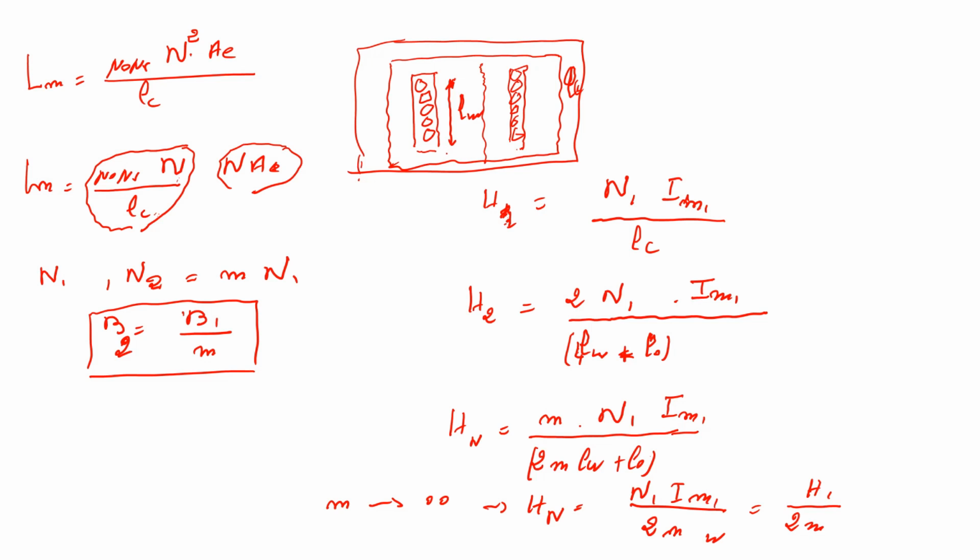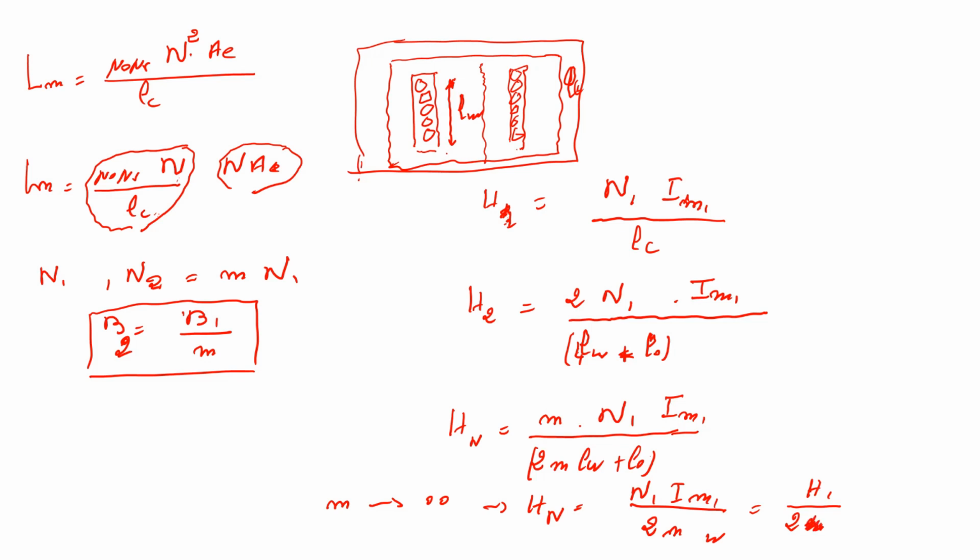Why is it wrong? Oh sorry, this one is equal to N1 Im1. If m tends to infinity, then we also have to simplify by m, and we will only get N1 times Im1 divided by 2.